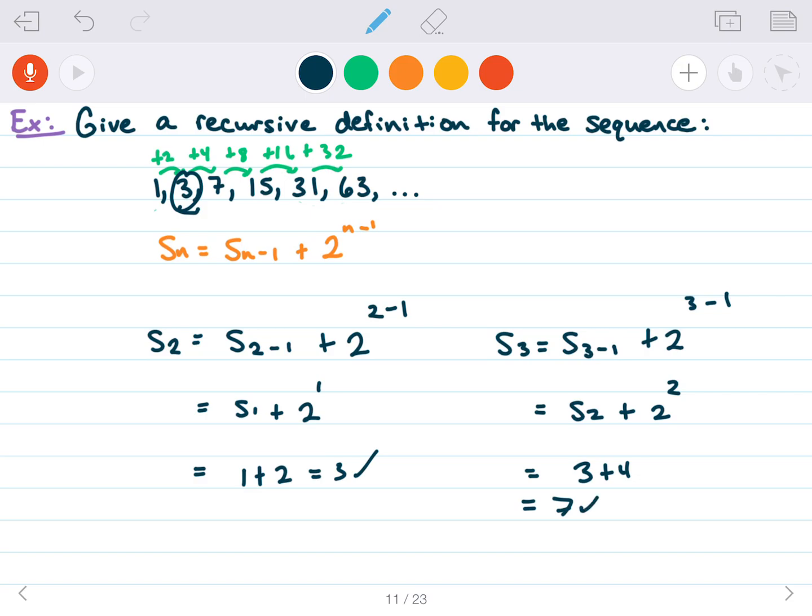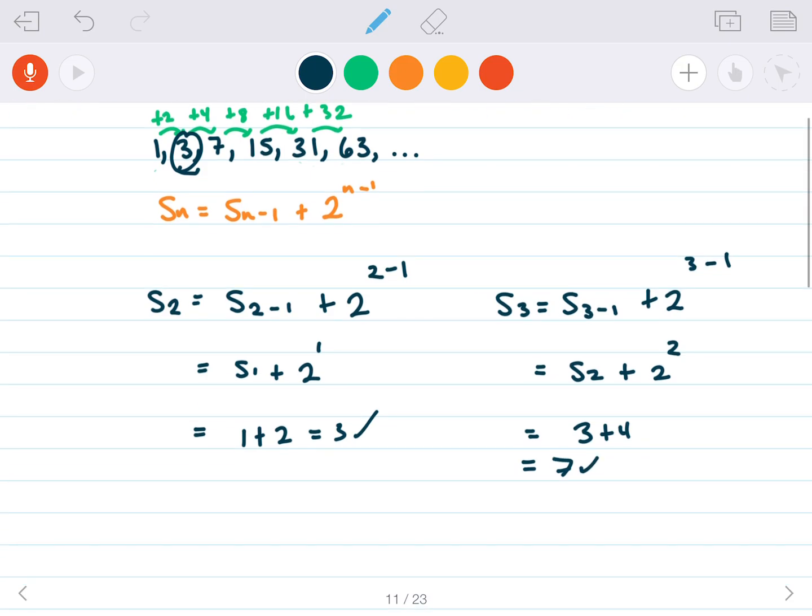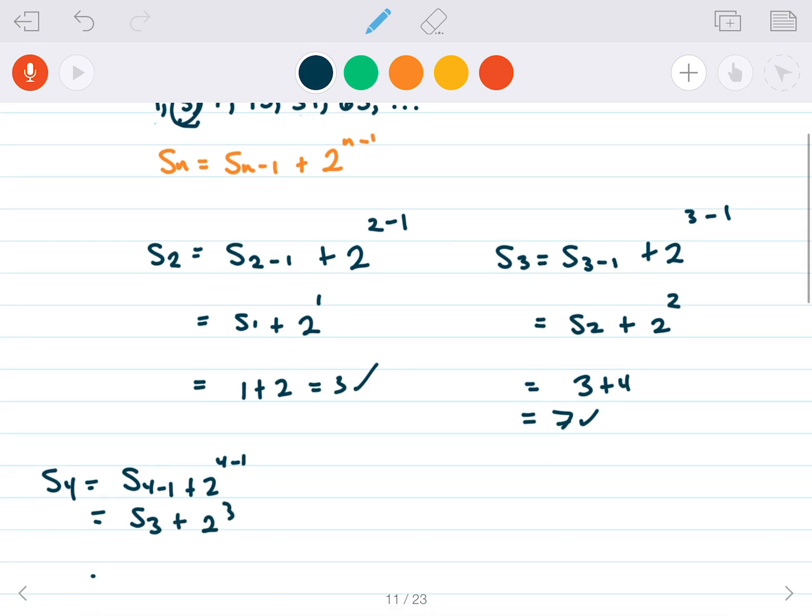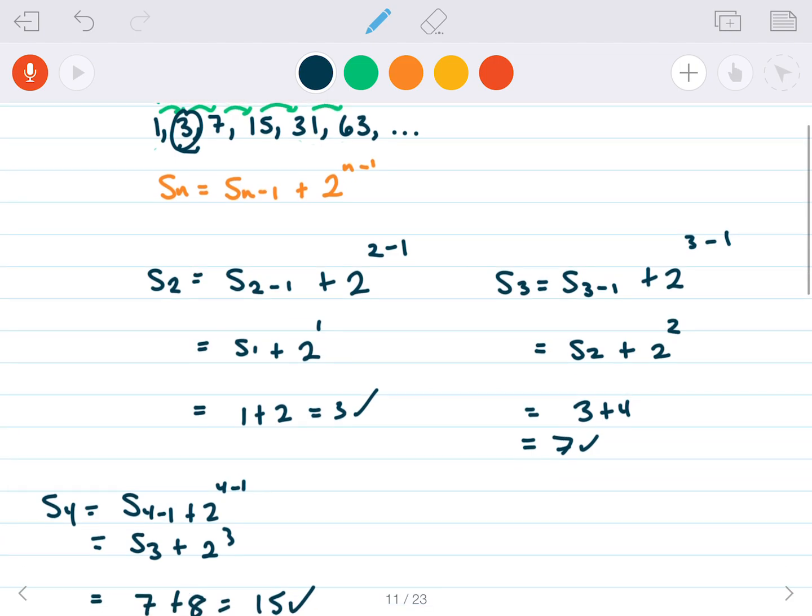And that's true. 7 is the third number in our list. S sub 4 is going to be S sub 4 minus 1 plus 2 to the 4 minus 1. So that's S sub 3 plus 2 to the third. So that's going to give us 7 plus 8, which indeed is 15. It's the fourth number in our list.